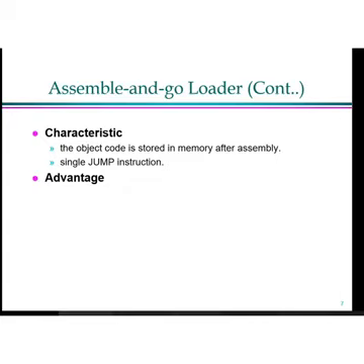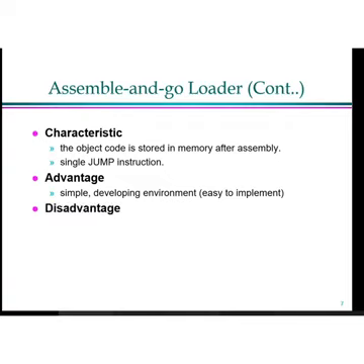Implementation will be very easy because you don't have to search where the object code is or what the dependent programs are, because your translator is doing that. Only adding one or two lines to jump to a particular location is very simple. That's why the basic advantage is that it is very easy to implement. The assemble and go loader is easy to implement and simple in nature.